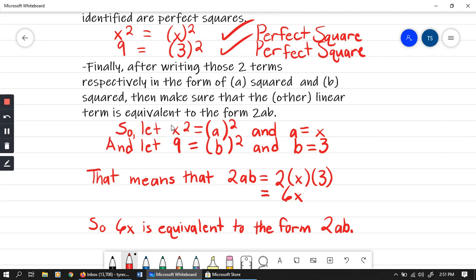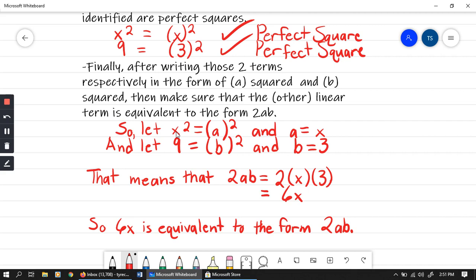So let's do just a little bit of substituting here. Let's say that where we see the x squared, that is the same thing as a squared, because that's the form that it's in. And so if x squared is the same as a squared, that means that a must be x.